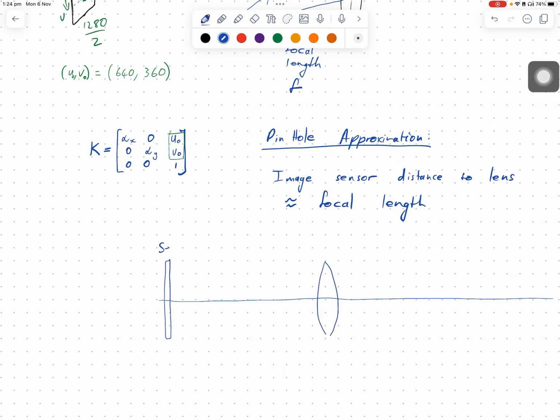This is our sensor. And this is going to be the width of the sensor. And because the sensor is assumed, according to the pinhole approximation, to be exactly one focal length away from the lens, this distance here is one focal length.